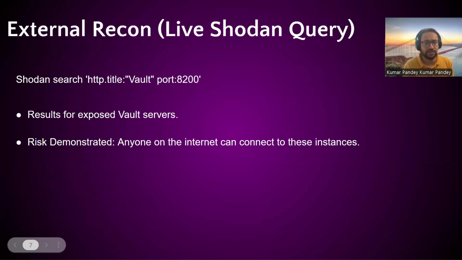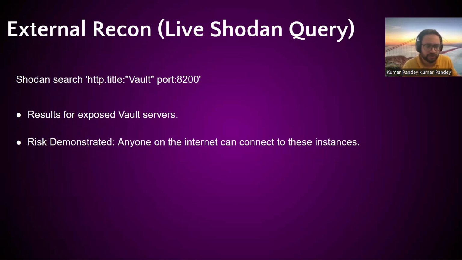The first phase is external recon using a Shodan query. Shodan is a hacker search engine where you can find all the details related to exposed assets. If I am an attacker and my step is recon, I don't want to scan the internet myself. Too slow, and I might get caught.